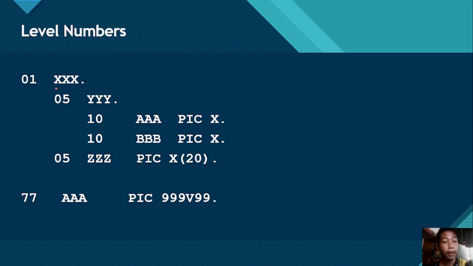As you can see, if you call the variable triple X, the variable would return these values. If you call the variable triple Y, it would return these values. But if you call this variable, it will just return its own values.